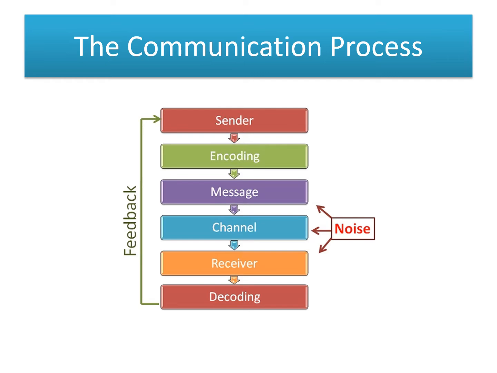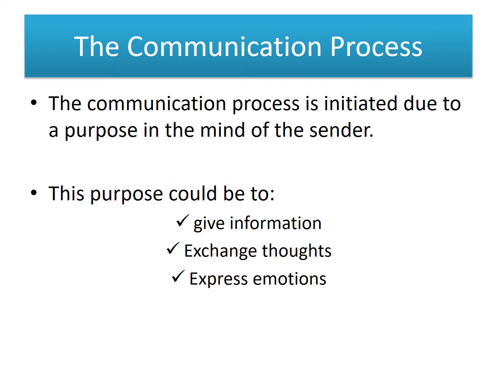Throughout this process, there is a chance of noise, and also the potential for feedback. The communication process is initiated due to a purpose in the mind of the sender, and this purpose could be to give information, exchange thoughts, or to express emotion.